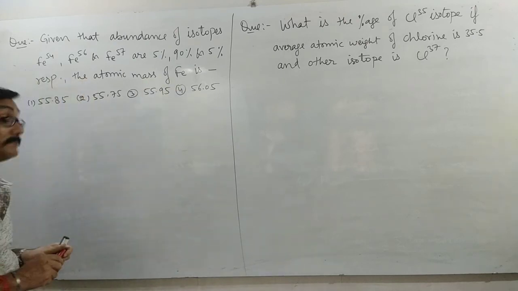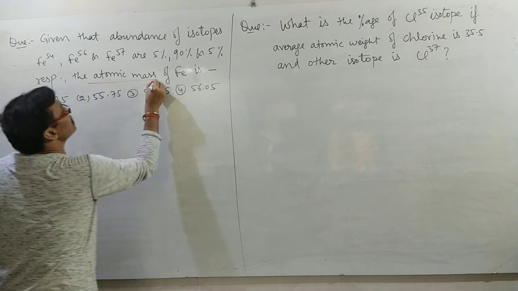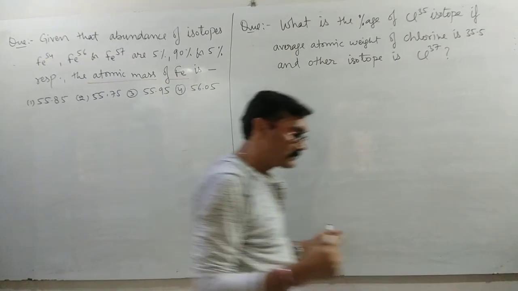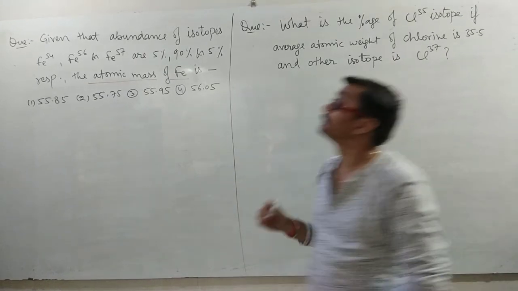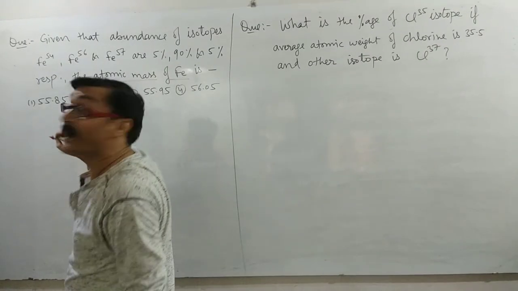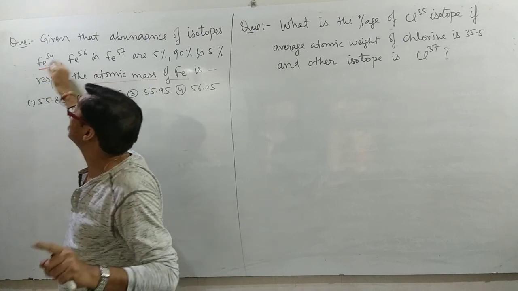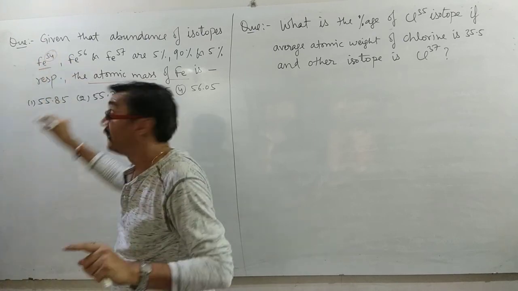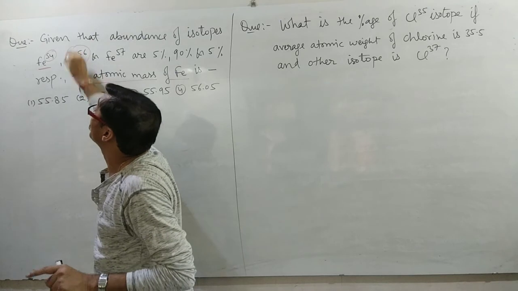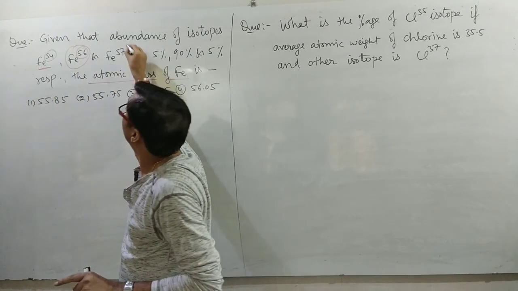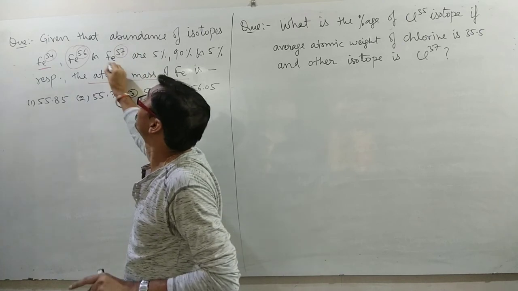In this question, atomic mass of an element means average atomic mass of all the isotopes. Here, the isotopes of iron are Fe54, whose atomic mass is 54, Fe56, whose atomic mass is 56, and Fe57, whose atomic mass is 57.